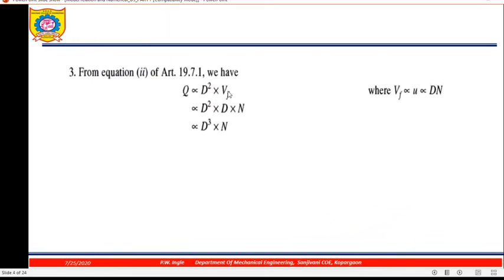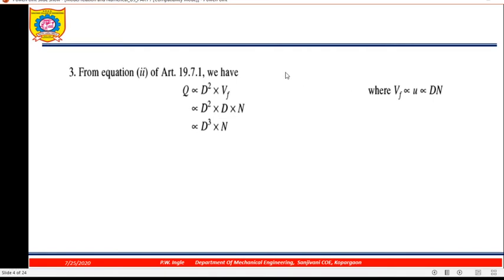Third condition: we know that Q is proportional to D square into Vf, and Vf is proportional to u, proportional to DN. So Vf is proportional to DN. How are we getting Q proportional to D square? We know Q equal to area into velocity, that is pi D1 B1 Vf1, and B1 is proportional to D1, so it is D square.